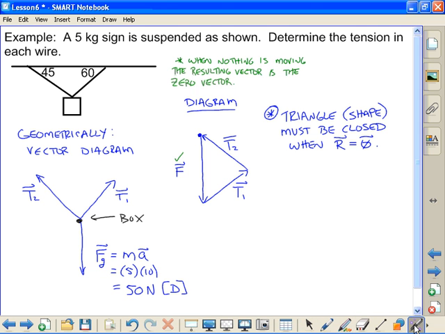The Z pattern right here, which means that the angle between tension 1 and the horizontal is also 60 degrees. So if I come back here to my diagram that I just drew, that means that that angle is 60 degrees, which means that because the force vector is vertical, we have a 90-degree angle in there in total. So that means the angle in here has to be 30 degrees.